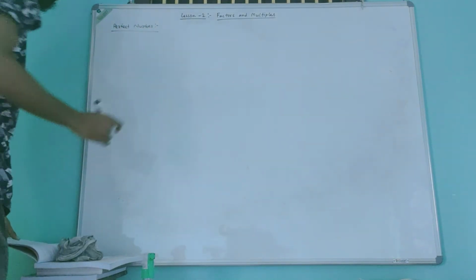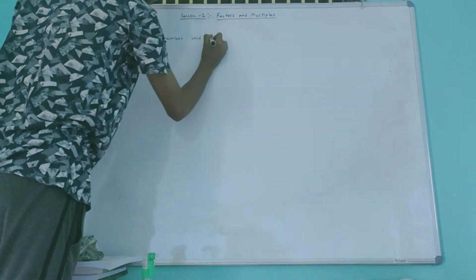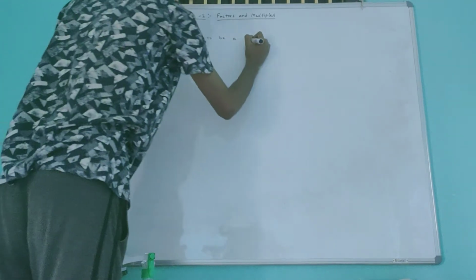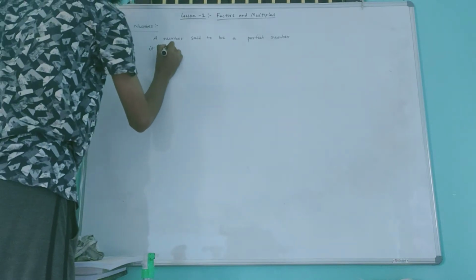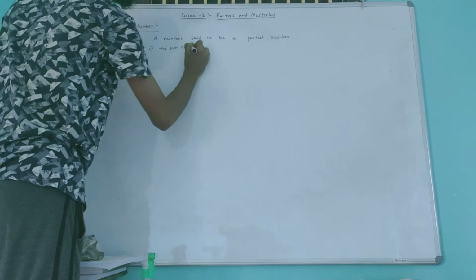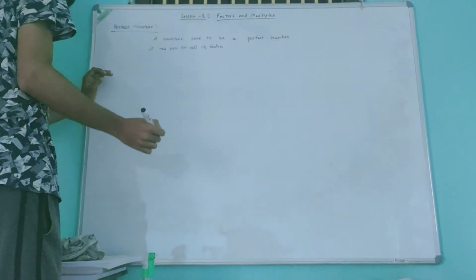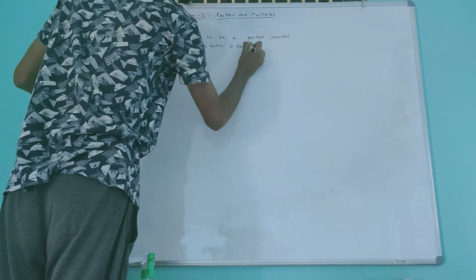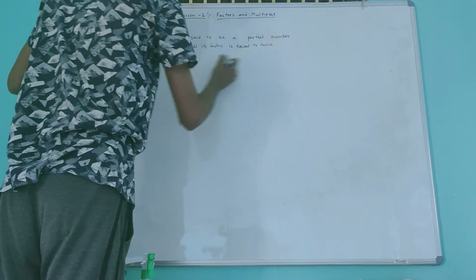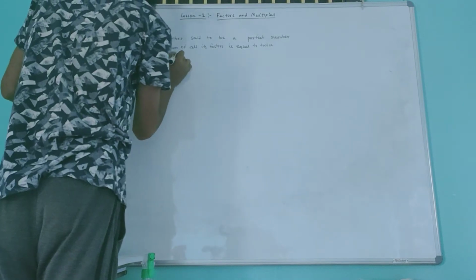A number is said to be a perfect number if the sum of all its factors is equal to twice the number.